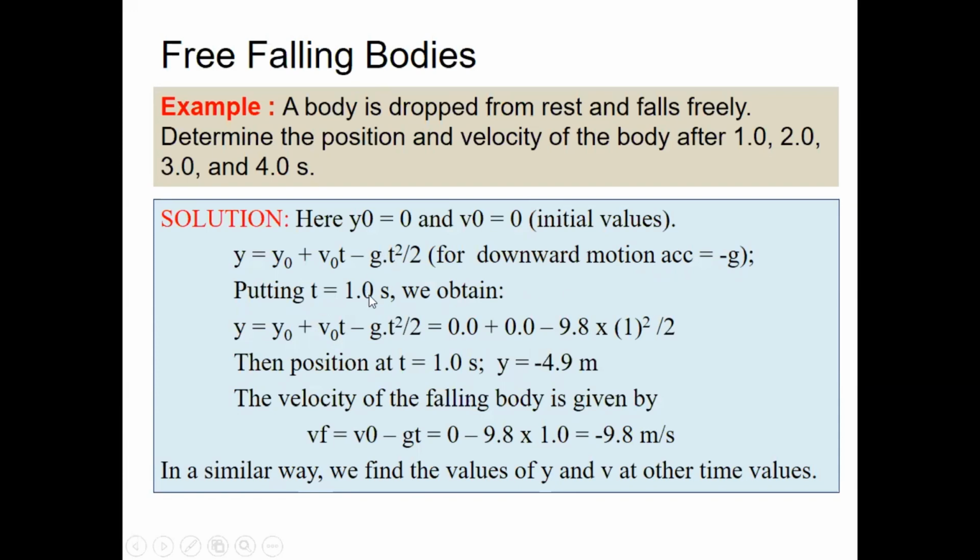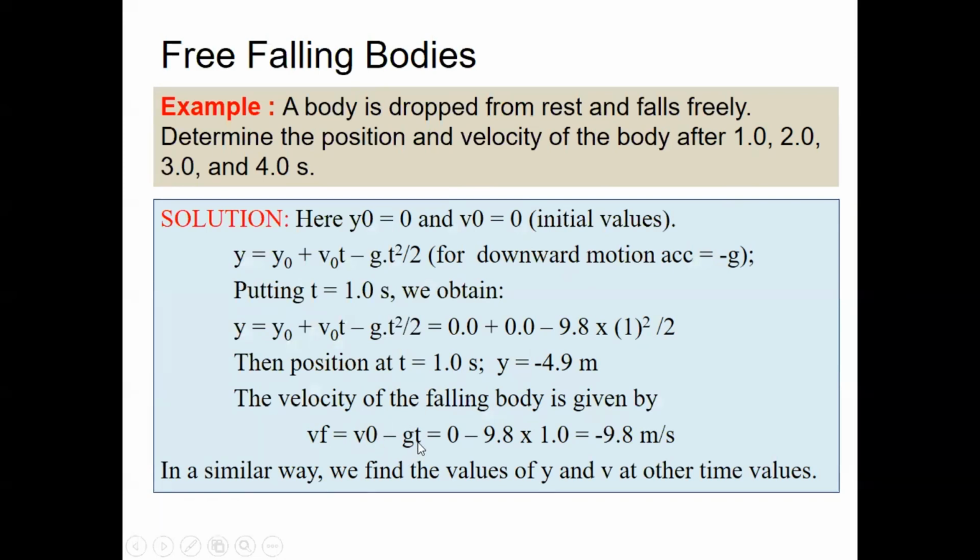Now we substitute the value t equal to 1, with v0 equal to 0 and y0 equal to 0. I get the value of y after 1 second as minus 4.9 meters. Then I go further and try to find the velocity of the falling body at time t. After 1 second passes, I can calculate the final velocity equal to the initial velocity minus g t.